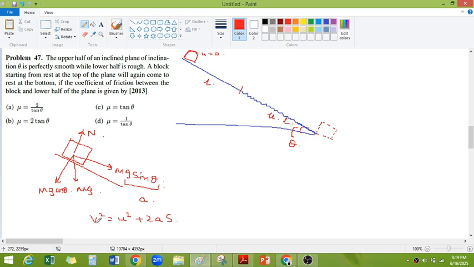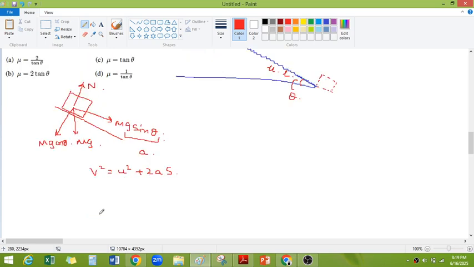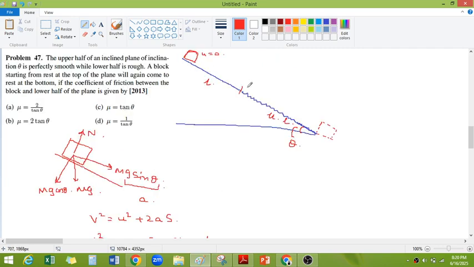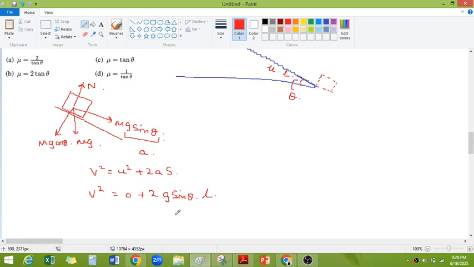So that means that will be v. U is 0. So that means v squared is equal to 0 plus 2 acceleration, which I told you is g sin theta, into this length L, this length from here to here. So that is the first part.